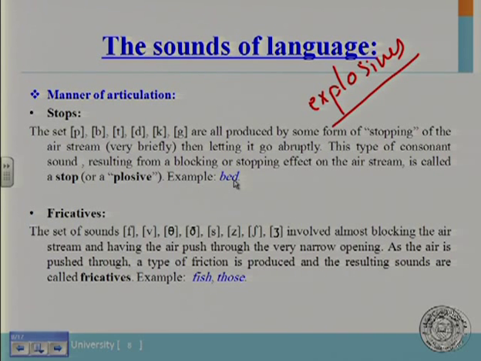Now, these sounds are all produced by some form of stopping of the air stream, very briefly, and then letting it go very fast. This type of consonant sound results from a blocking or stopping effect on the air stream. That's why this group is called stops or plosives.